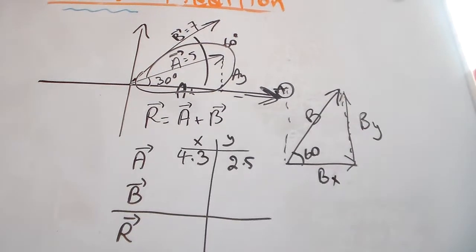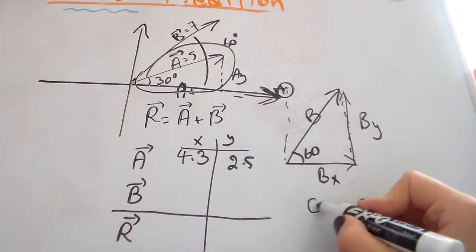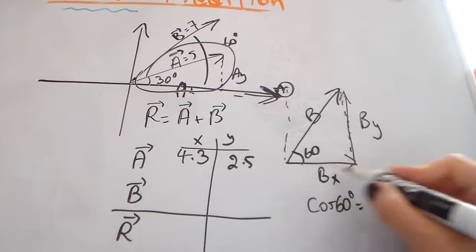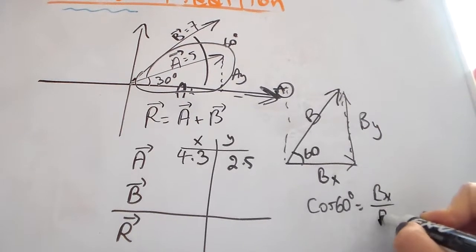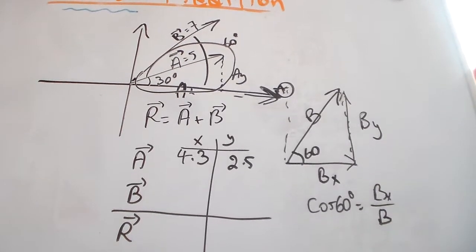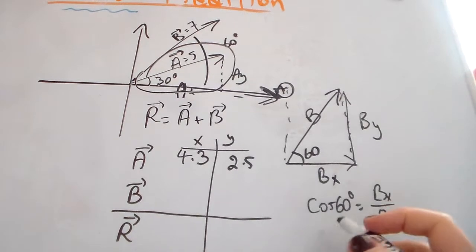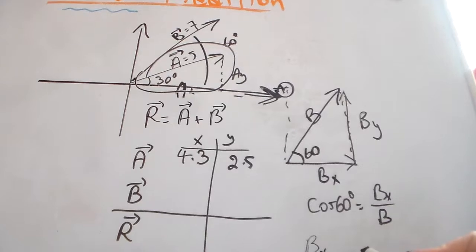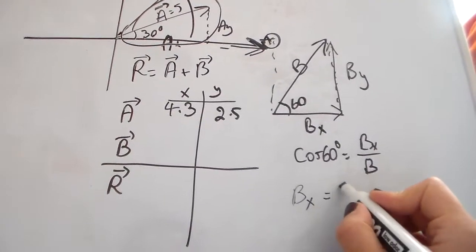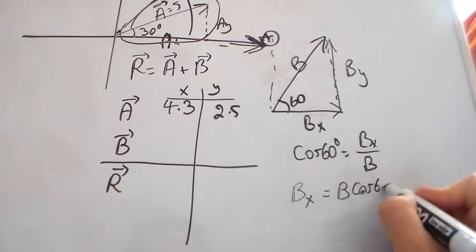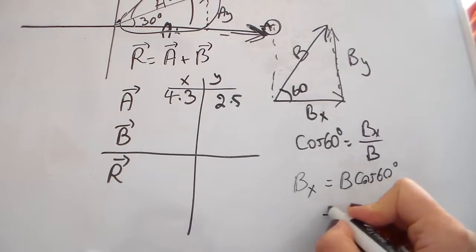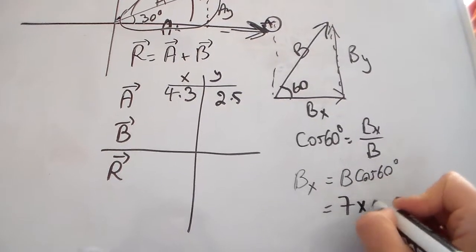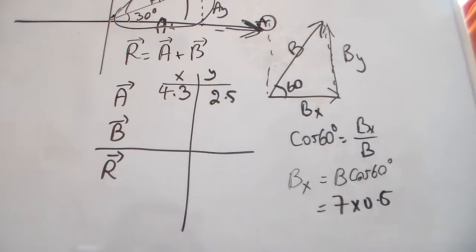All right. Let's get started again. Cos 60 degrees is adjacent over hypotenuse, and so BX is going to be B cos 60 degrees. B is already 7, and we know that cos 60 degrees is 0.5.